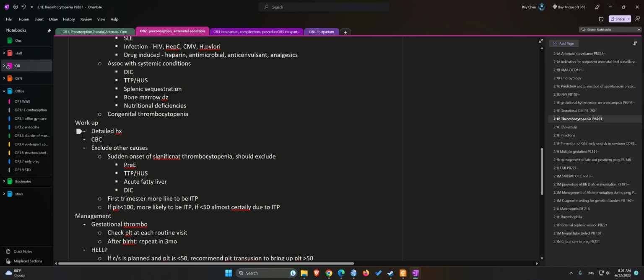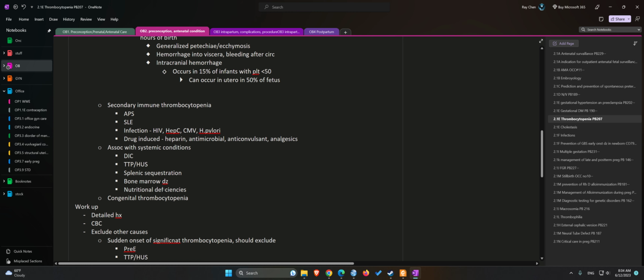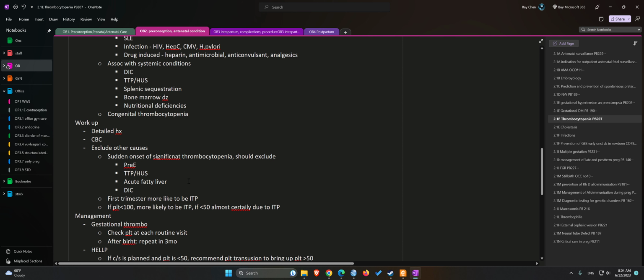Workup, most important is a detailed history, trying to find out if the patient has a history or any prior deliveries affected with thrombocytopenia. We get a CBC to look at platelet count. We should always exclude other causes.